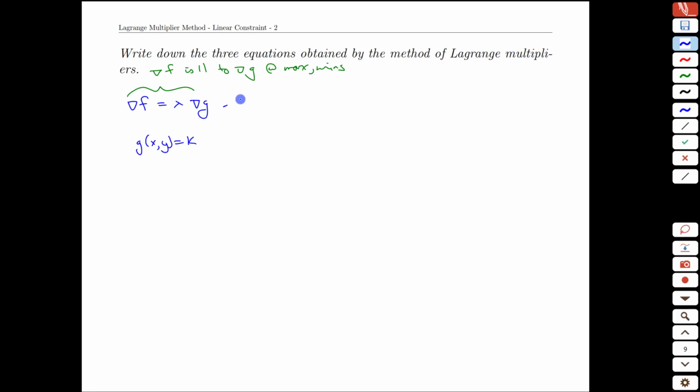Our next step then is to break this into pieces that are more easily solved. The gradients are vectors. We don't usually deal with vector equations very well, so let's break it down into components.